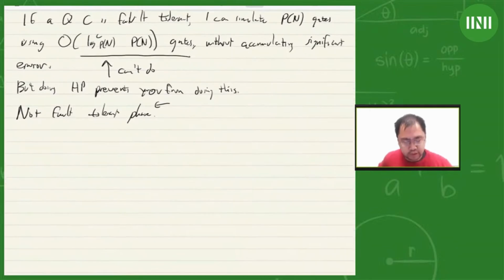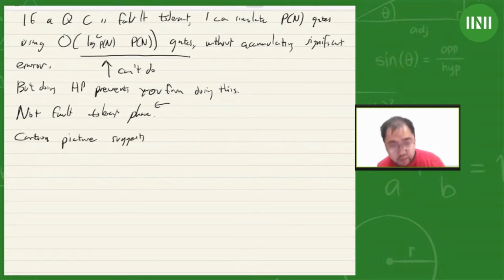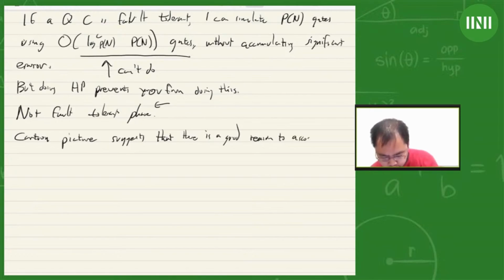So then, let's summarize what this cartoon picture says. This cartoon picture suggests that there is a good reason to associate fault tolerance with the Hawking-Page phase transition.